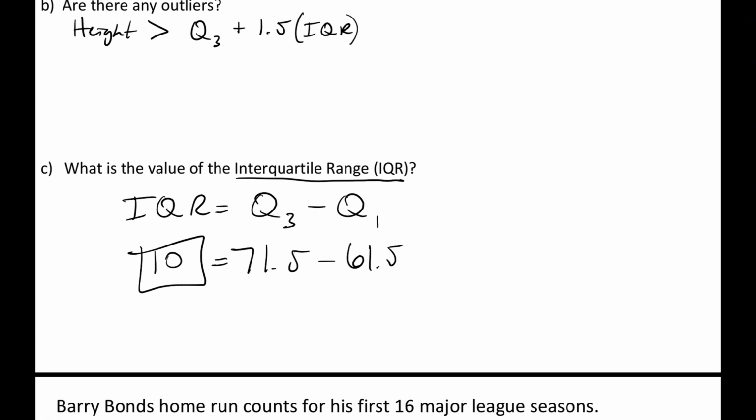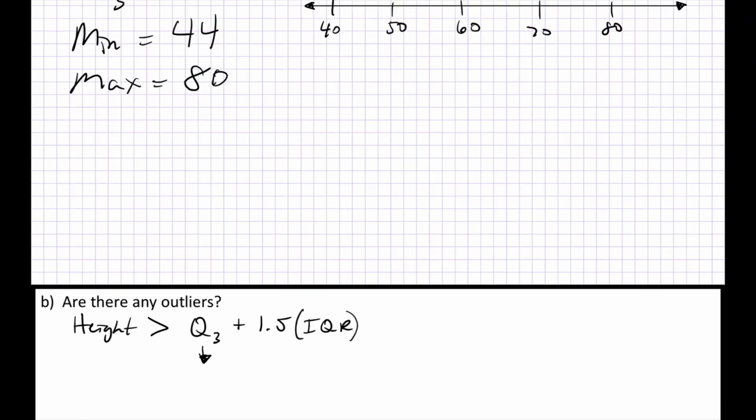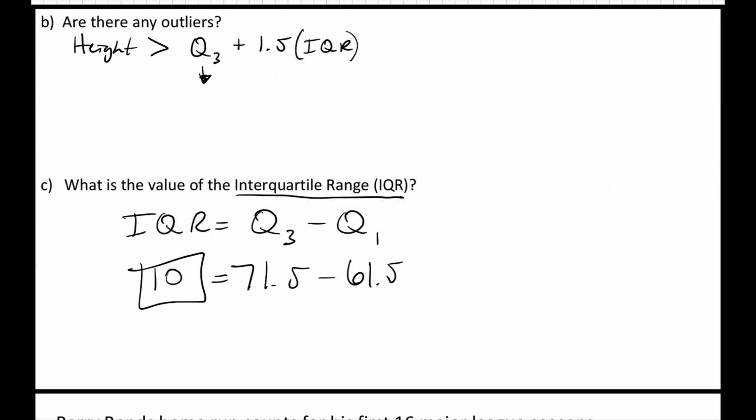Okay, so now we know what that is. So let's plug it in to see what's too tall. Q3 is 71.5 plus 1.5 times the IQR, which we just found out was 10.